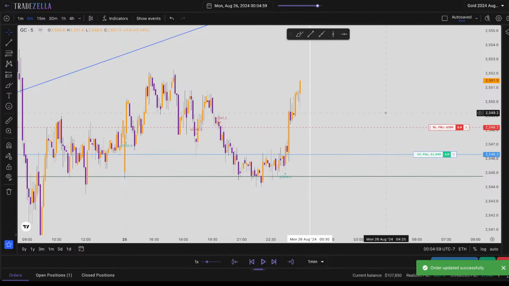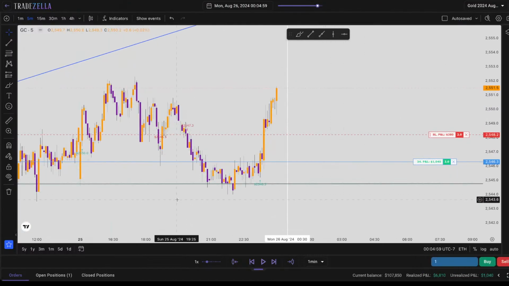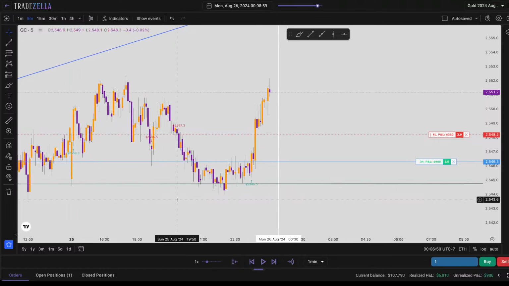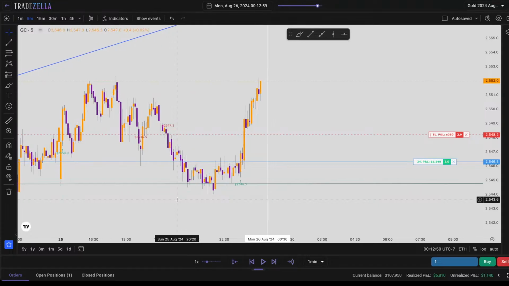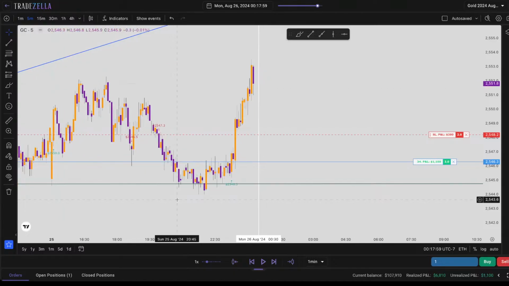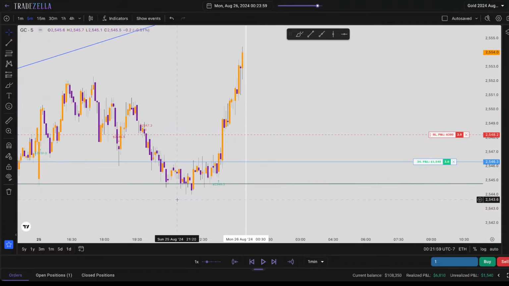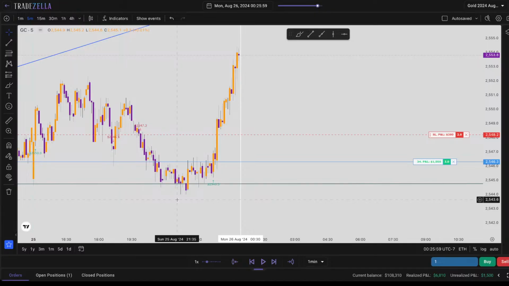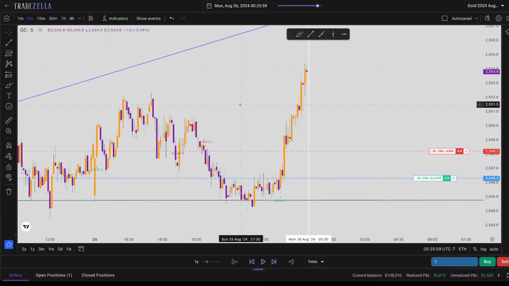So we said we're locking in $380, and then we kept it moving. Look at that, $1,300 in profit there. We still got 15 minutes to play. $1,500 in profit.